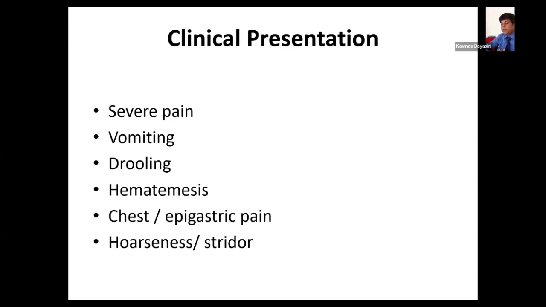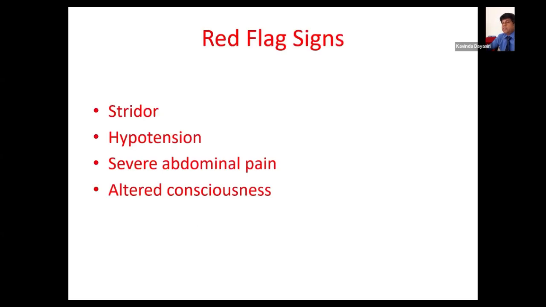They can have hematemesis, and when the larynx is burnt, they can present with stridor and hoarseness. You see one or more of these features during the early phase as clinical features, and there are certain red flags we need to identify early, and then escalate management.